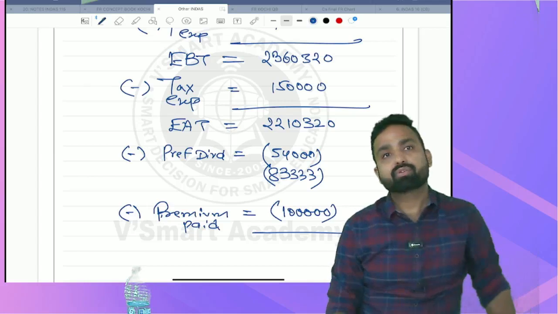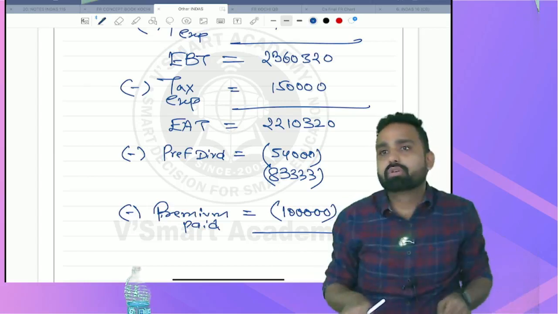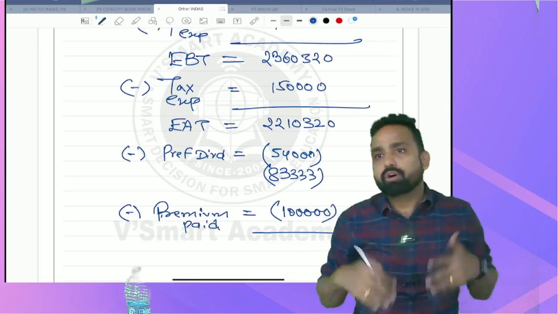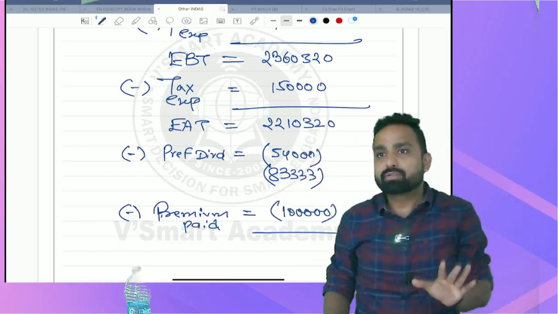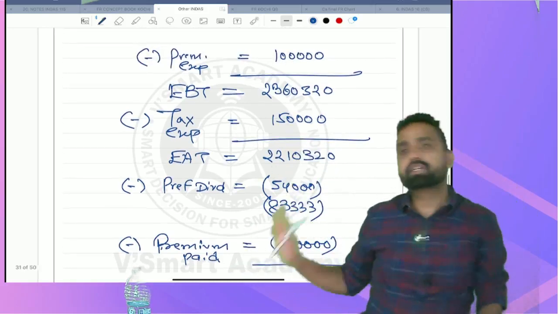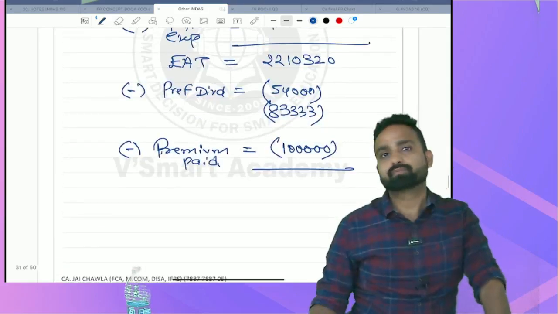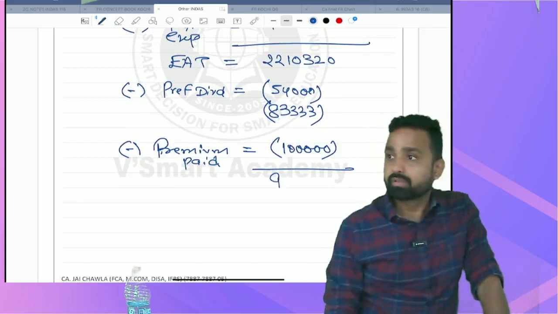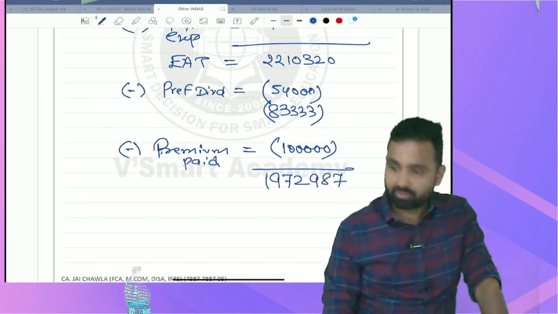Yes, from wherever you have written off, for calculating EPS you have to include it in this earning. You are writing off anything from securities premium and all, but for calculating EPS, you have to consider it. Consider it. Tell me. 9,987.